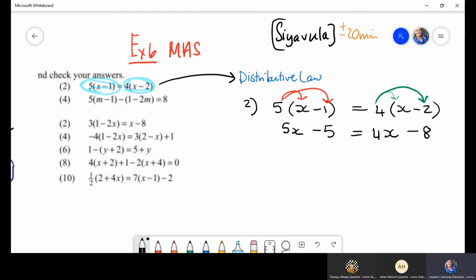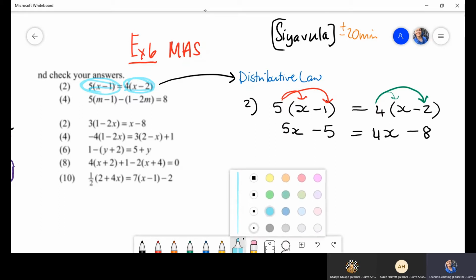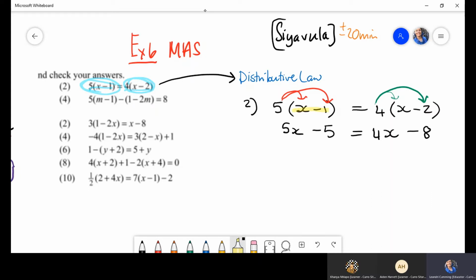So please remember, I think I've mentioned this before when we dealt with the distributive law. If you see a binomial in that bracket, your result is a binomial. A binomial of 2 terms, your result would be 2 terms. Right. Now I'm going to keep my positive 5x here, but I'm going to move this positive 4x by making it a negative 4x.